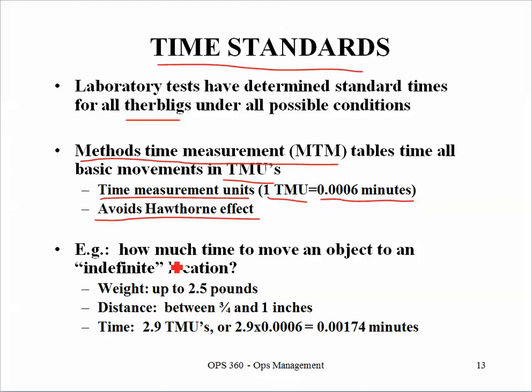So here I've got an example I pulled from an MTM table. How much time is it going to take to move an object to an indefinite location? So you're going to pick something up. It's going to be up to 2.5 pounds, and you're going to move it between 3/4 and 1 inch. There's a table, and of course a computer program, that would tell you that would take 2.9 TMUs, or basically 0.00174 minutes.